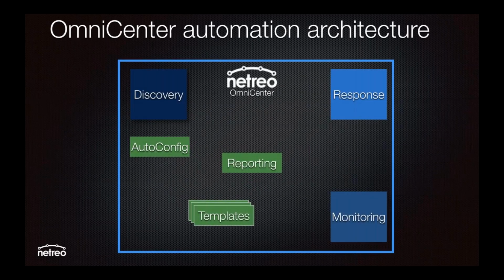Now, let me kind of walk you through OmniCenter's automation architecture. There's a lot of different parts to it, and it looks complicated at first, but it's actually pretty simple. So let me step you through it. We start with discovery, which is driven by connecting with APIs, cloud providers, and SD-WAN providers to learn new devices. It includes scanning, where we can automatically learn about connected network segments and find new devices to monitor that way.